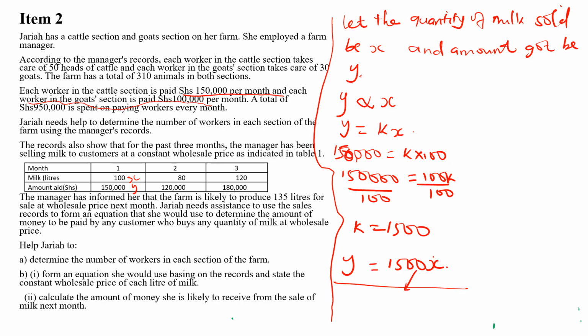And then here state. So we'll say the constant wholesale price is equal to 1,500 shillings.